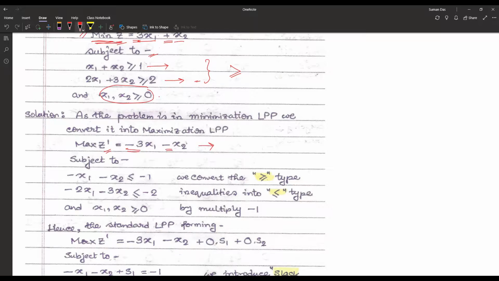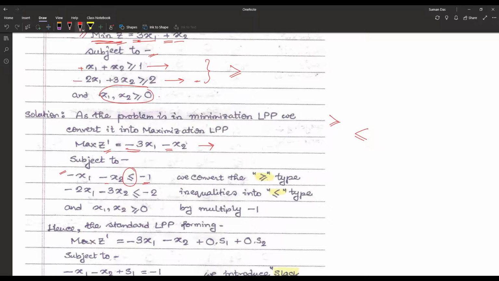Then the second step: if there are greater than equal to constraints, we have to transform them into less than equal to. So the first constraint, x1 plus x2 greater than equal to 1, becomes minus x1 minus x2 less than equal to -1.